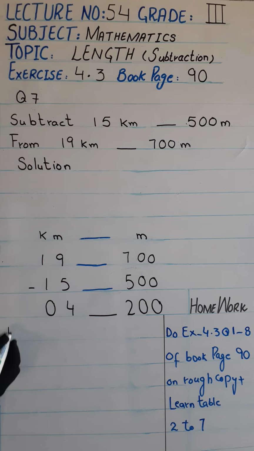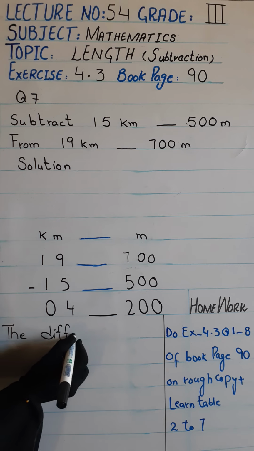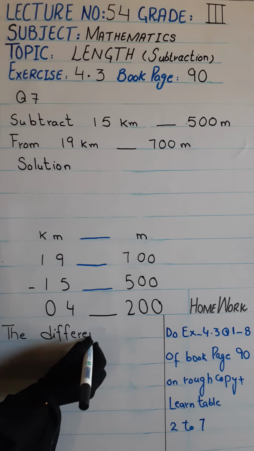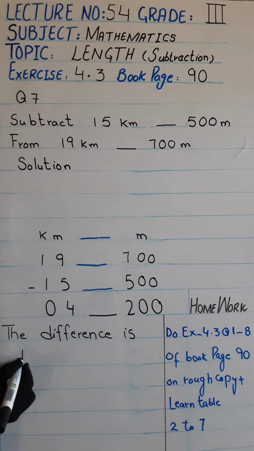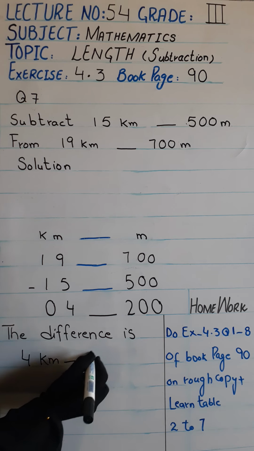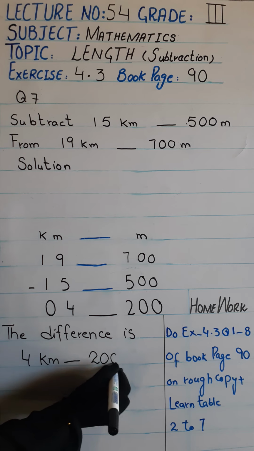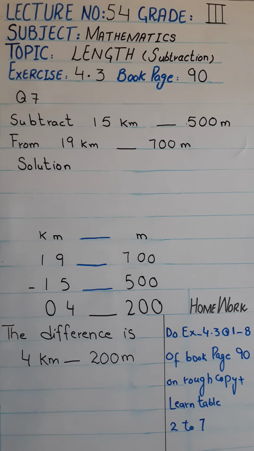So we write: the difference is 4 kilometer and 200 meter. You solve question number 8 by yourself. I solve question number 7 for you.